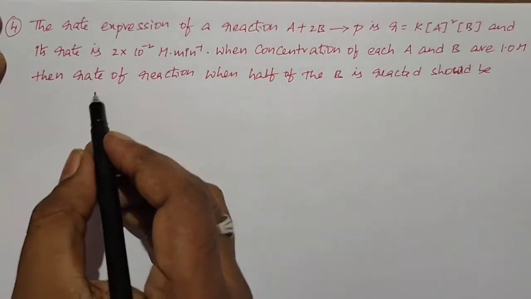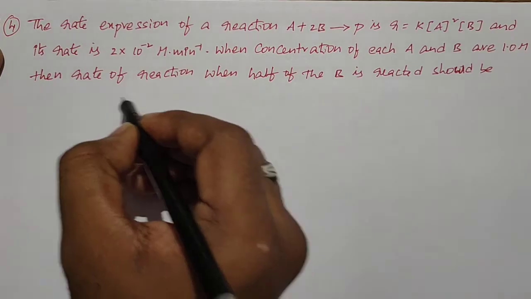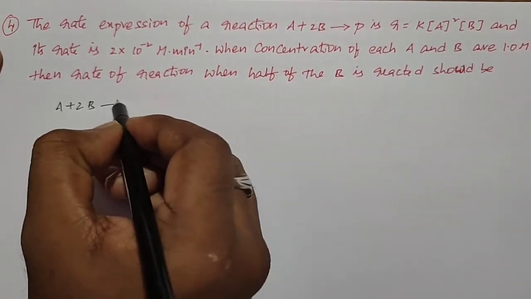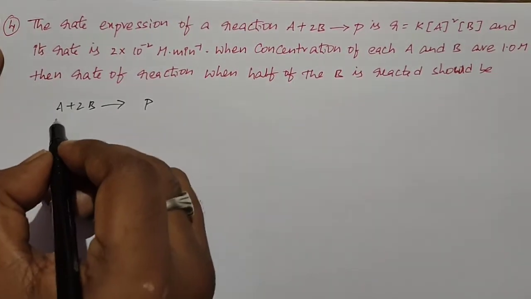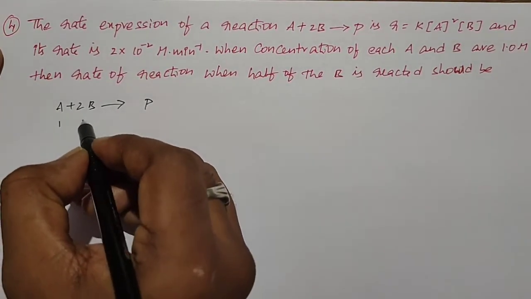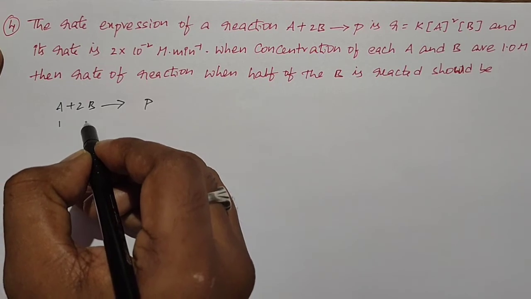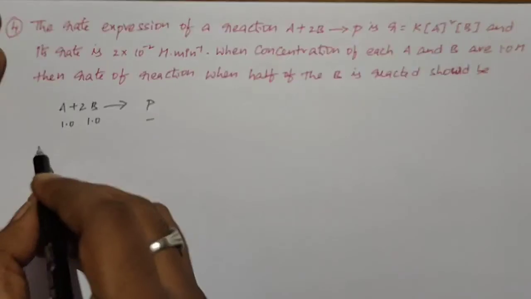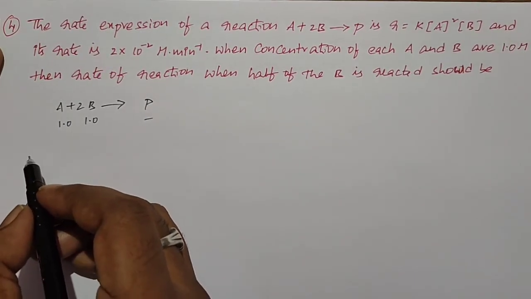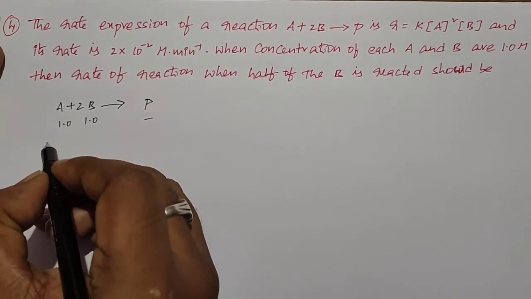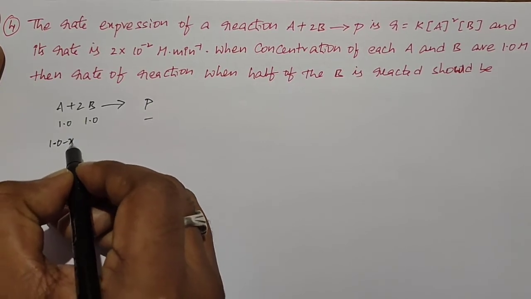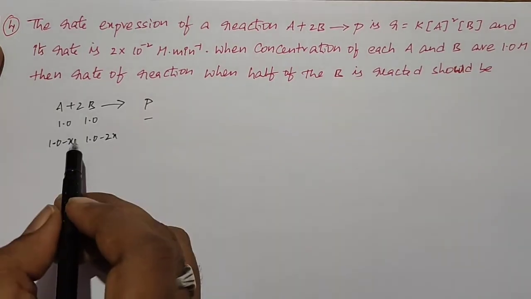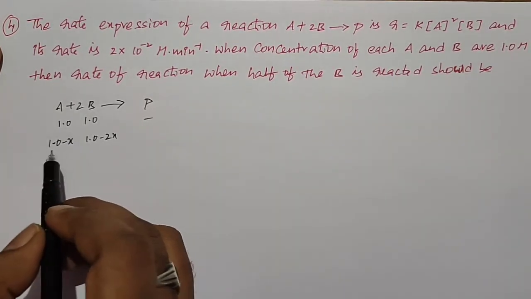For this, first we take the given equation, that is A plus 2B gives products. Based on the given information, the initial concentration of A and B is 1.0 for each. After some time, they said half of the B has reacted, so this is the rate of consumption after some time.